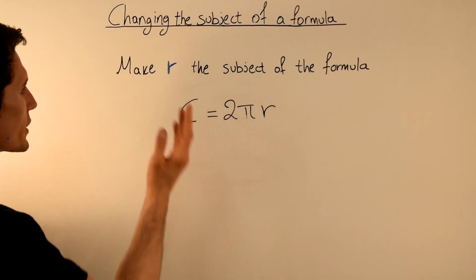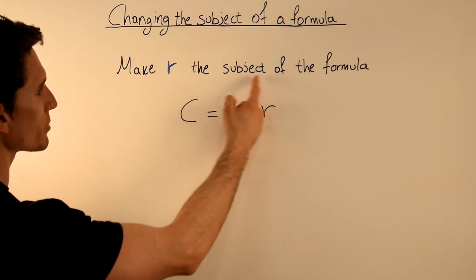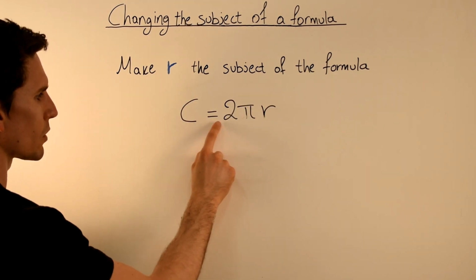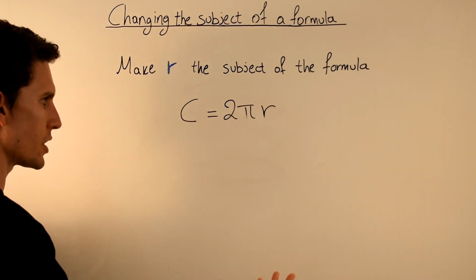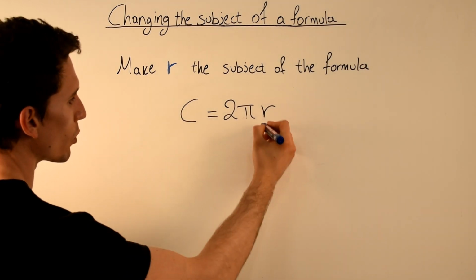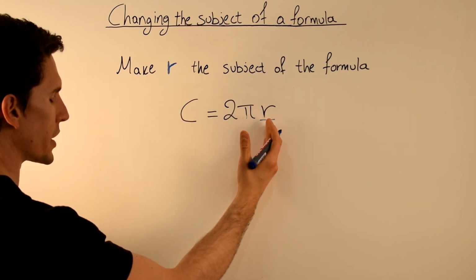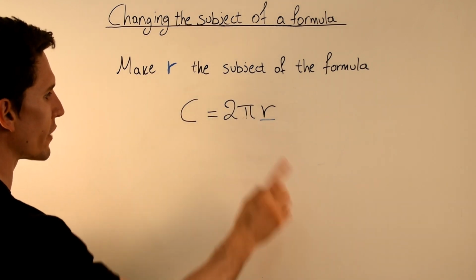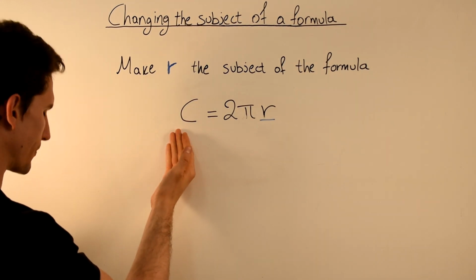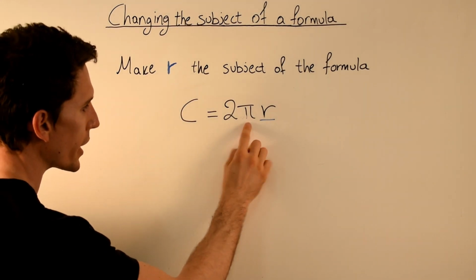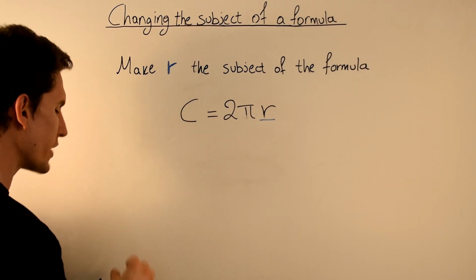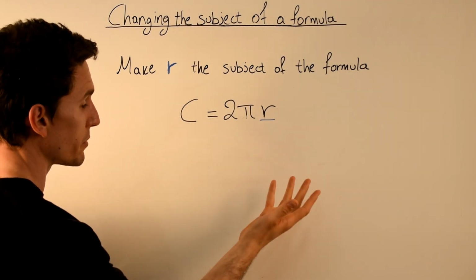Okay, so in this third example we have to make R the subject of the formula C equals 2 pi R. How do we start? Well, the first thing we do is we will underline R to indicate that this is what we need to keep on one side. That means that we'll have to move everything else to the other side. Now, how do we move 2 pi to the other side? Well, let's have a look at what 2 pi R actually means.